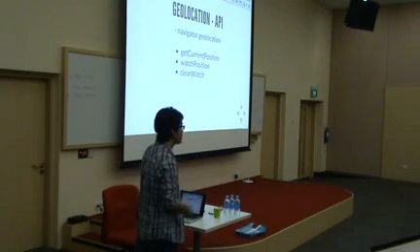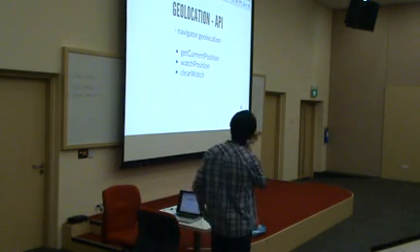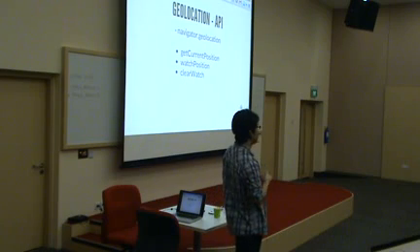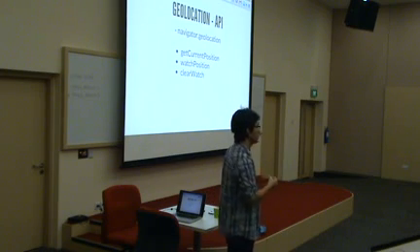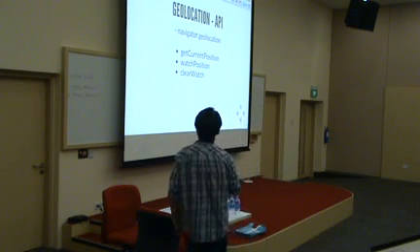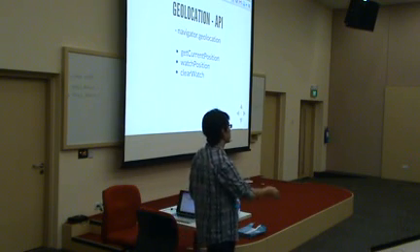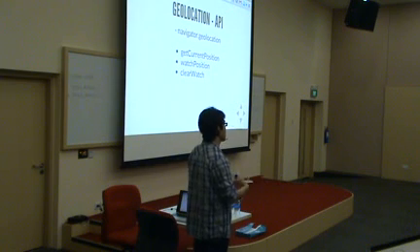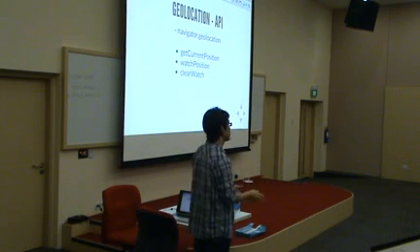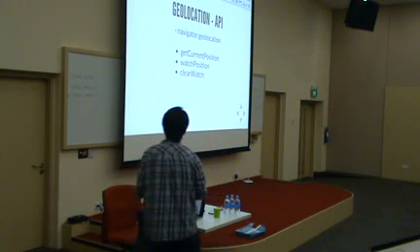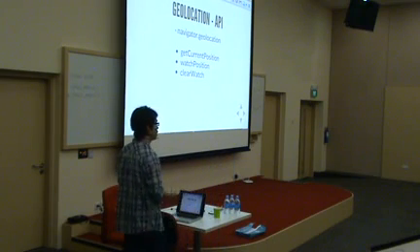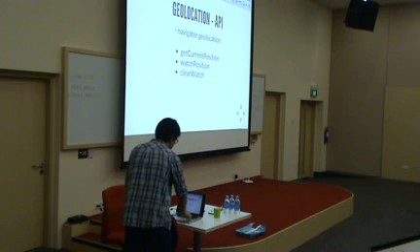The geolocation has two main APIs. First is getCurrentPosition, so you can get a one-time position information. The next one is called watchPosition. You can watch the user move, so you get a constant event whenever the user's location changes. And when you want to stop, you simply call clearWatch. Very simple API.